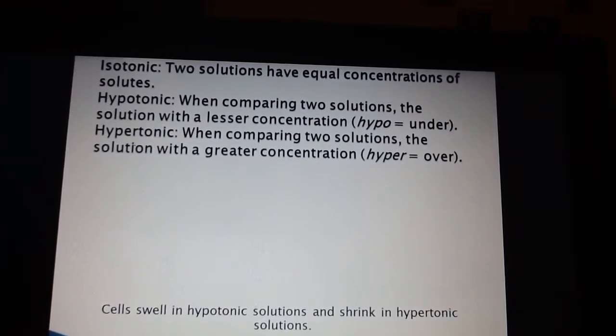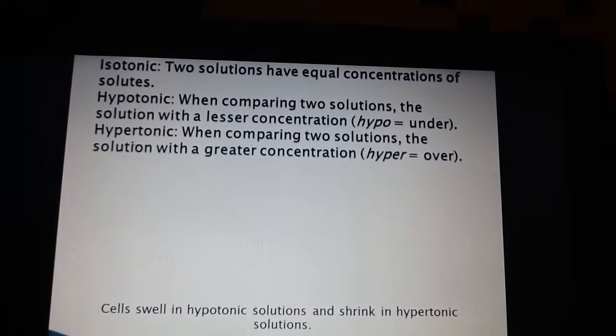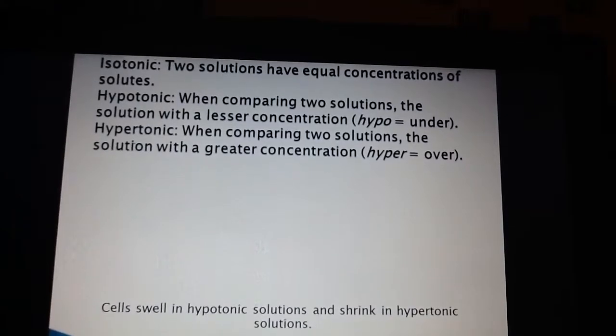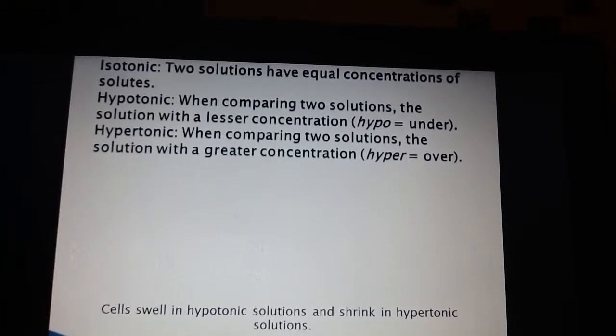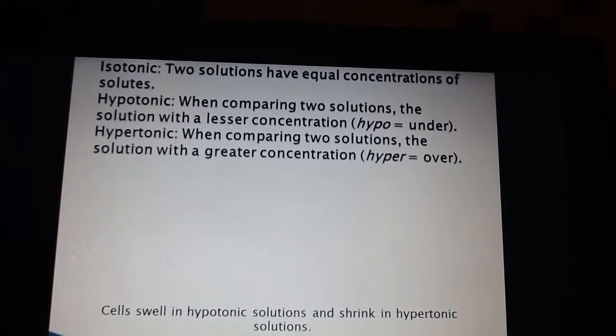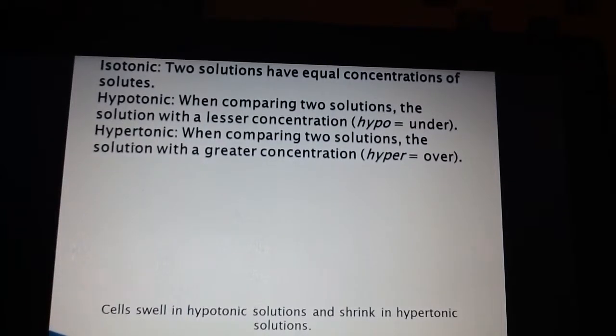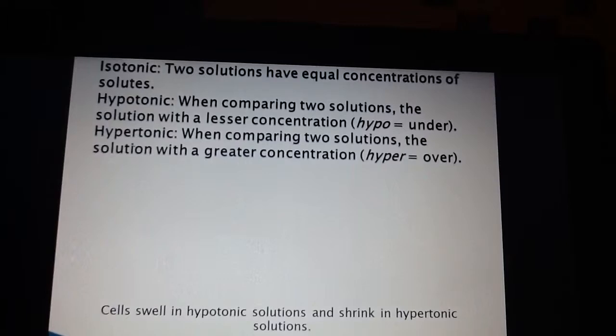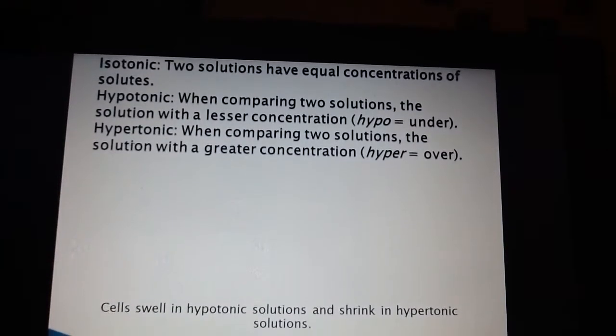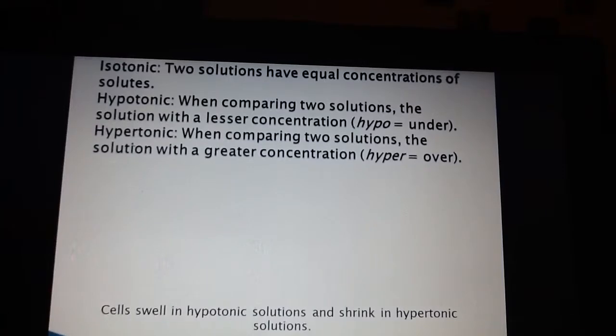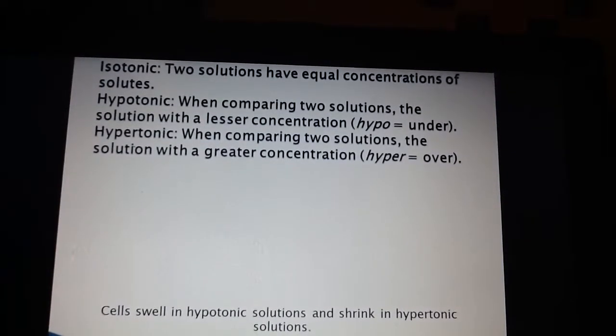Isotonic, hypotonic, and hypertonic. Basically, what you need to know from this, besides the definitions, is that in an isotonic solution, we have a regular cell that we're used to seeing. In a hypotonic solution, the cell will continue to grow, swell, and eventually burst.